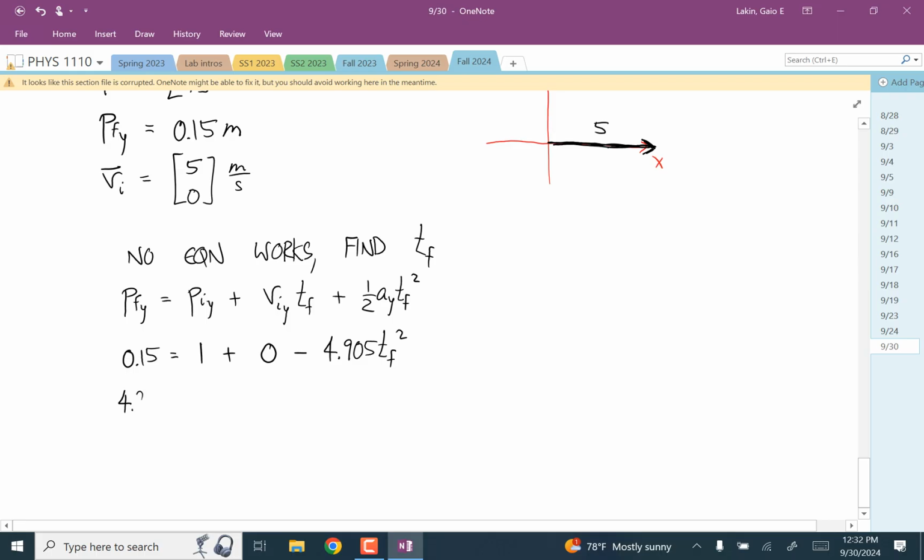So we get 4.905 tf squared is equal to 0.85. And divide both sides by 4.905, take the square root. You get the time final is equal to plus or minus 0.416 seconds. And then do we want the positive or negative time final? Positive. It's easy with time if one of them's negative because we only want positive times in this class.